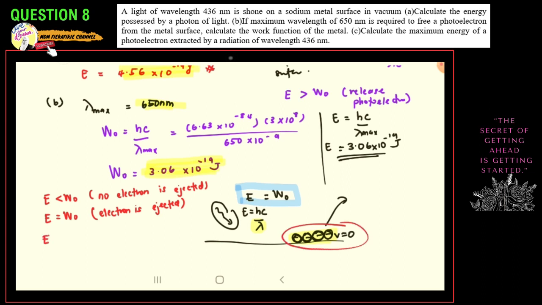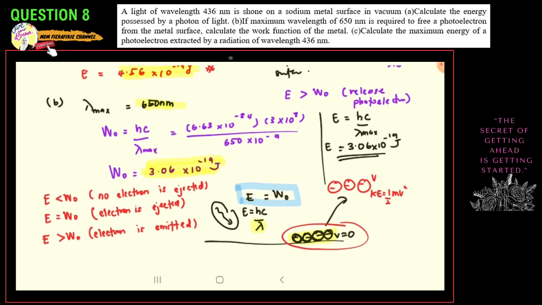Tapi kalau E, the photon energy bigger than the work function, maknanya akan ada electron yang emitted. The photoelectrons will be emitted. So dia ada nilai V dan dia ada kinetic energy dia. Kita boleh kira half mv squared. Boleh? Masih ingat lagi?